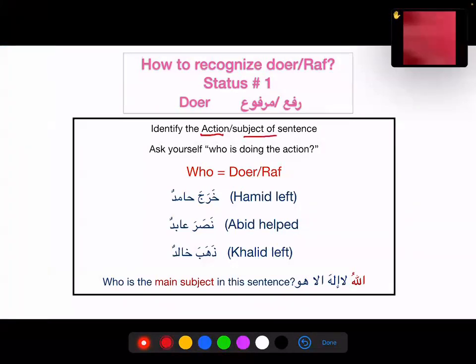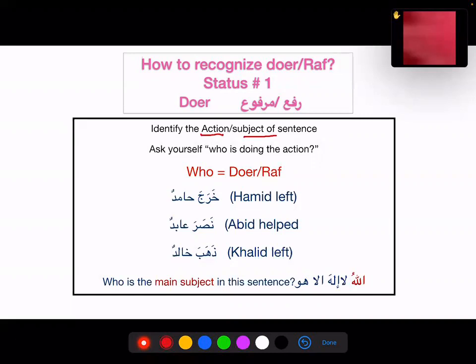Sometimes there is going to be an ism. Soon we are going to learn that there are two different kinds of sentences, jumla ismiya and jumla fe'liya. Jumla ismiya means the sentence starts with an ism, and jumla fe'liya is when the sentence has a fail in it. So not every time are you going to see an action in a sentence.